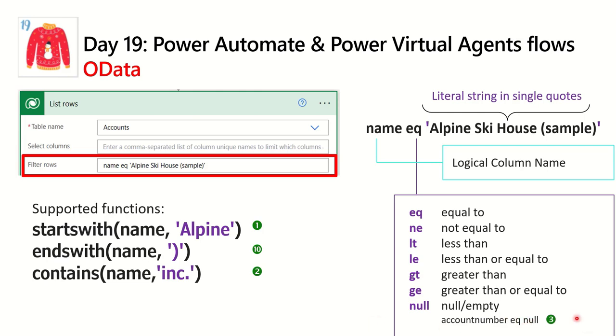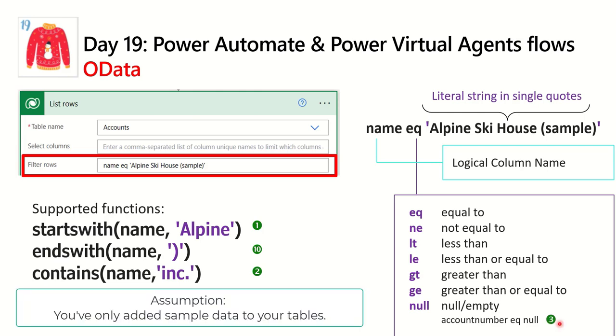This little 3 here and these numbers are a way you can play around with these in your tenant. If you open up your developer environment and test with the syntax that I'm sharing today, the numbers represent how many records you'll get back. I know how this is going to work with sample data, so I can tell you exactly what number you're going to get back.